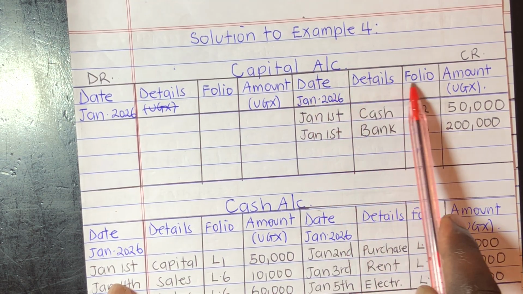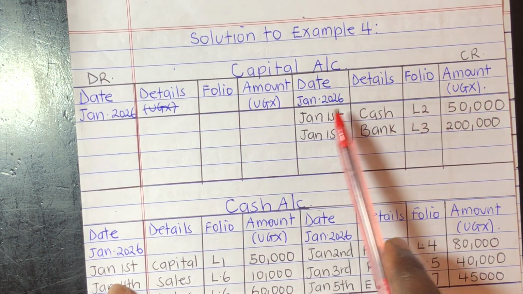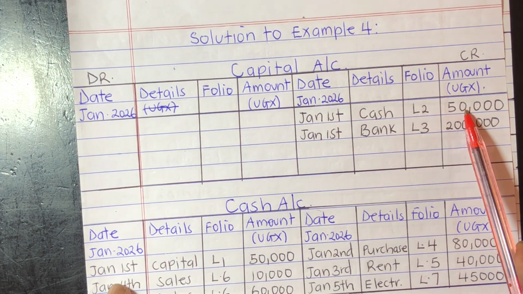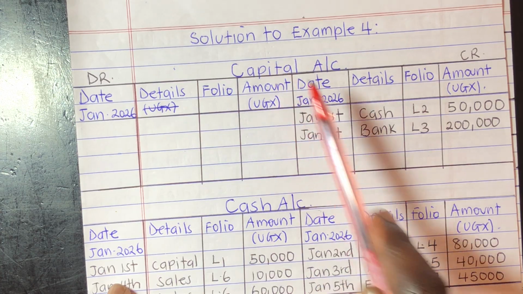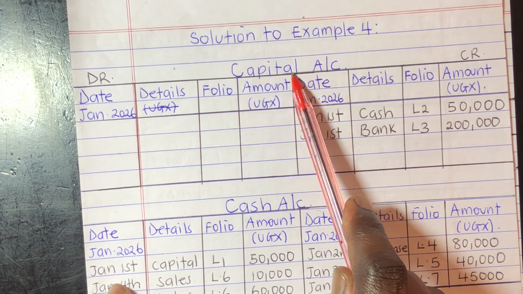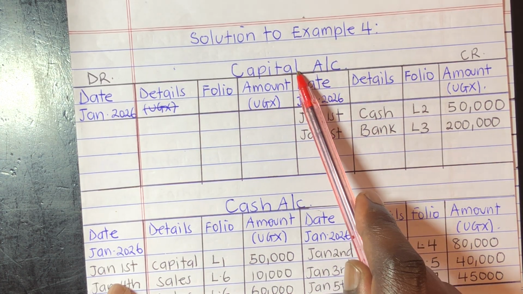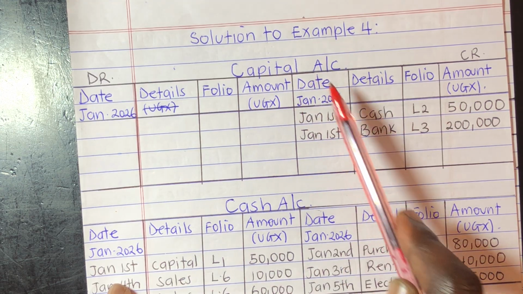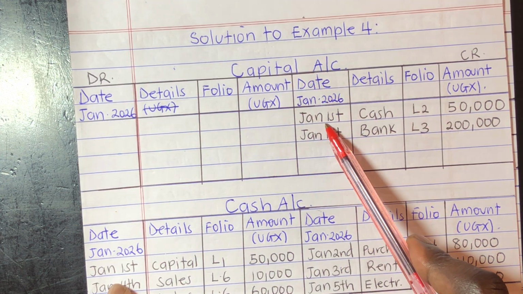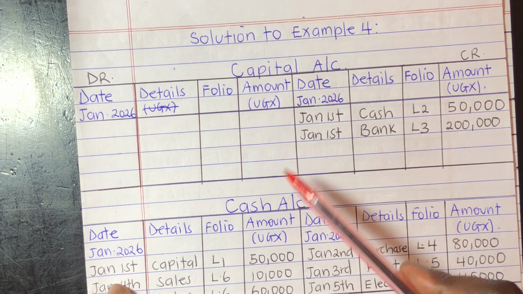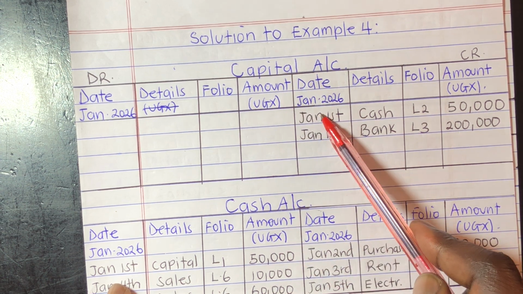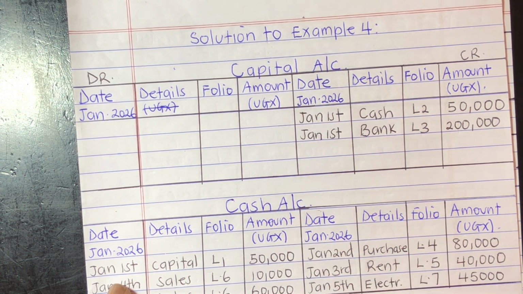When capital increases, we credit it. So capital here increased by 50,000. So meaning we're going to record capital. We're going to credit capital because if capital increases, we credit it. And this capital was losing money. Remember, it was also losing money to the cash account because capital has to give money to the cash account for the business startup.